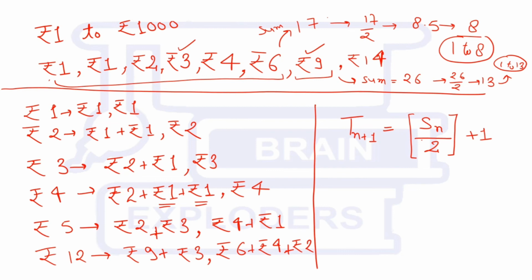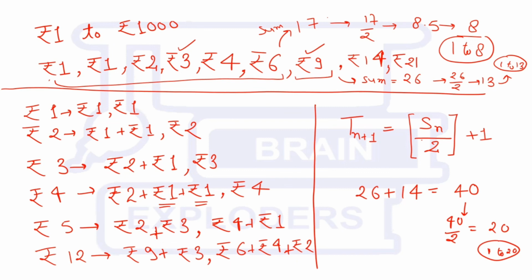The total sum is now 26 plus 14, which is equal to 40. Half of 40 is 20, so we are able to pay all the amounts from 1 to 20. So the next number which we should include is rupees 21, and in this way we can proceed.